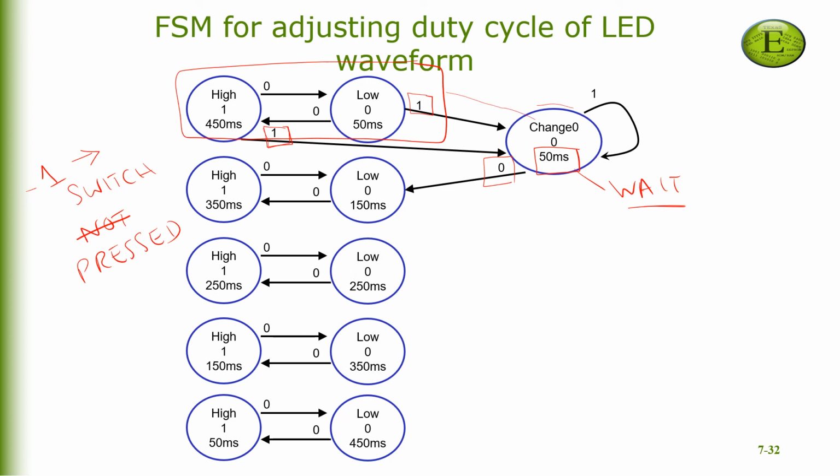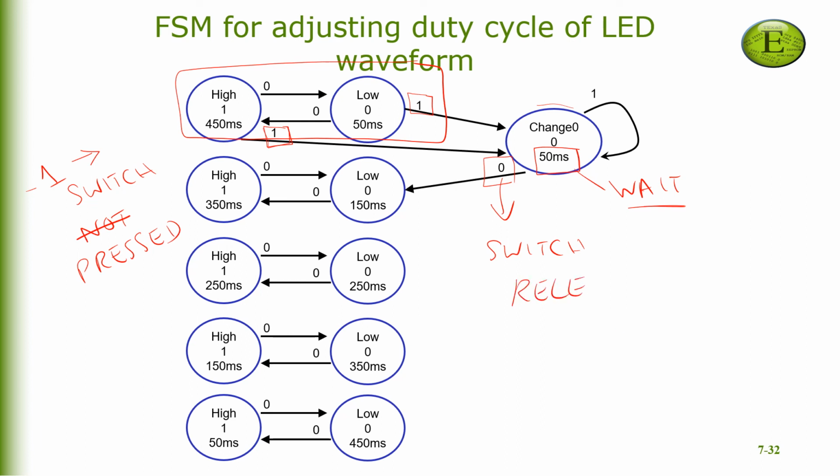Like we go from 90 to 70% duty cycle, we want to make this transition. Then this transition is brought about by pressing a switch and then releasing. So here the switch is released. We say switch not pressed, or we can also say switch has been released.